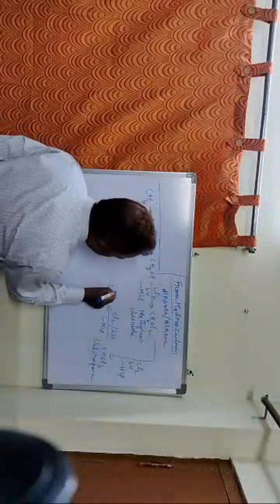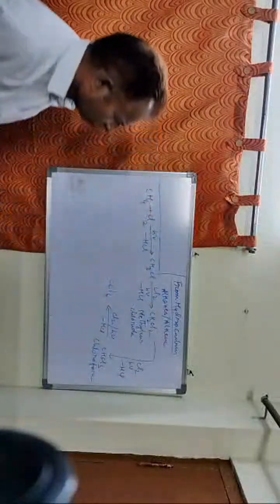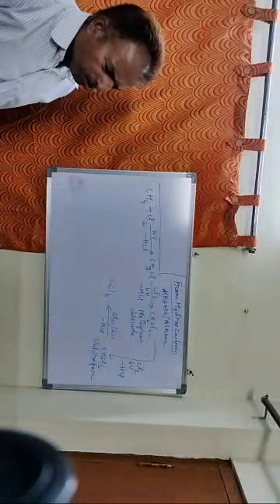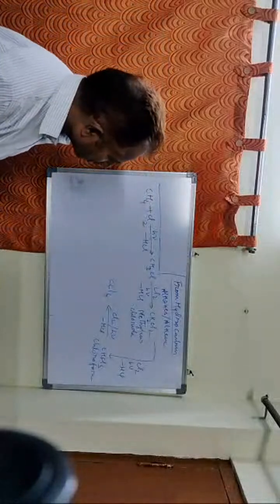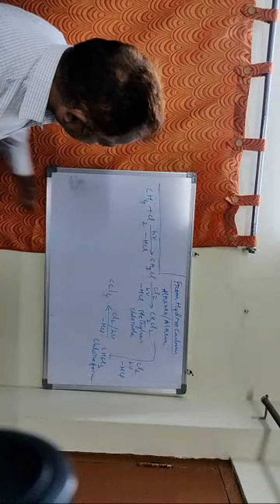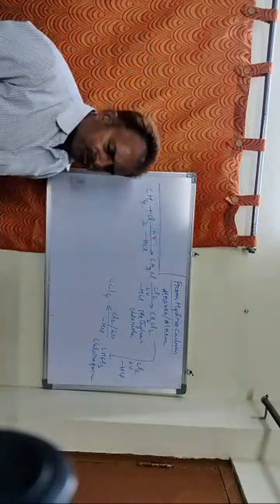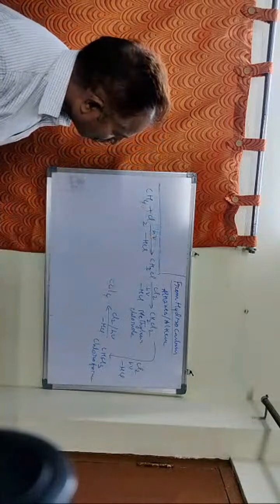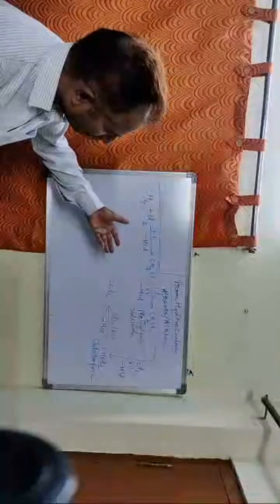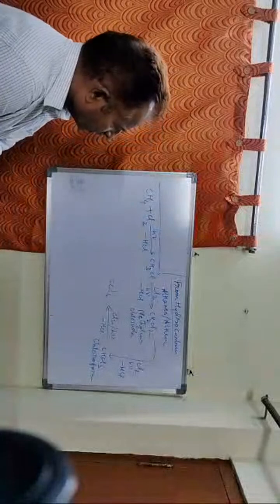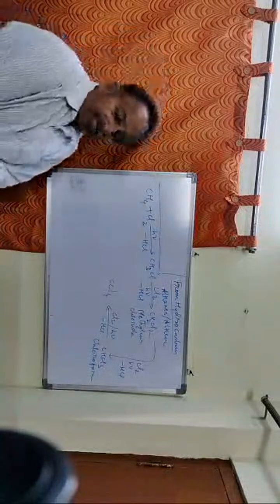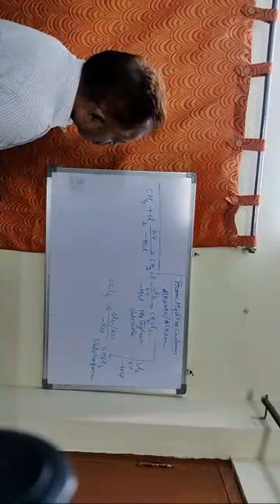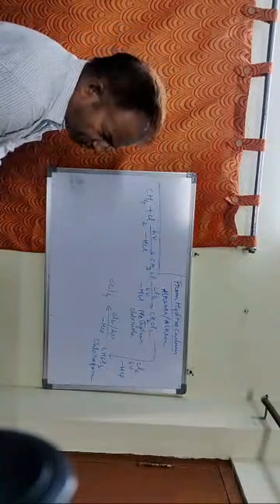Therefore, here we get CCl4, carbon tetrachloride. So this is one more method of preparation of haloalkanes. But the thing here is we do not get the mono substituted product. We get a mixture of haloalkanes, that is dihalo, trihalo, tetrahalo, etc. Therefore, the separation is very difficult. Therefore, this is not suitable for the preparation of mono substituted alkanes.